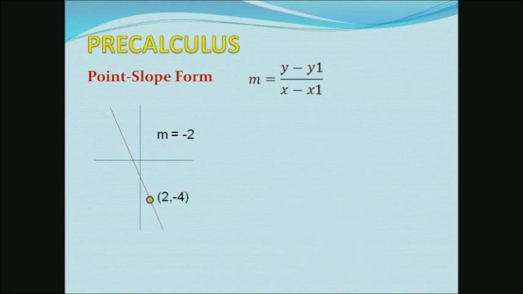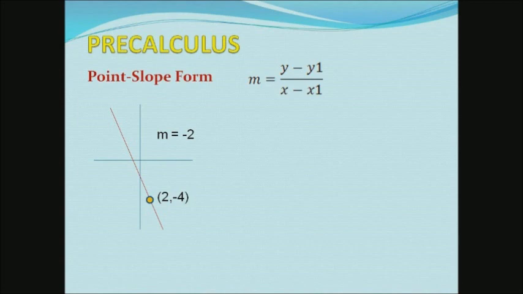Next example would be this. A line, which is a decreasing line from left to right. And then we have a point along the straight line, 2, negative 4. So the coordinates of our point along the straight line is 2, negative 4. And the given slope is equal to negative 2.